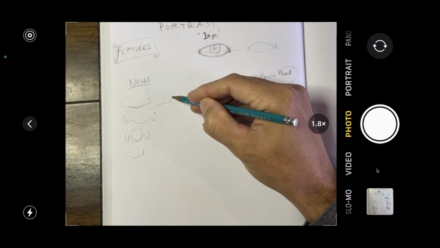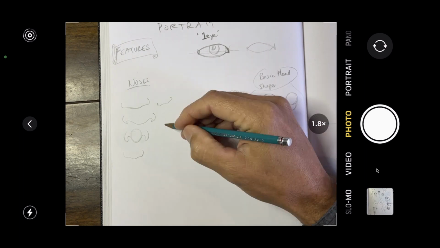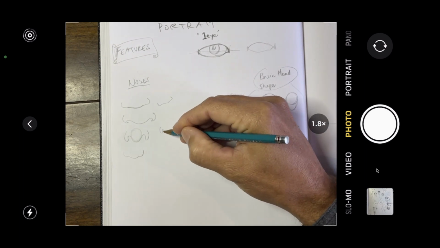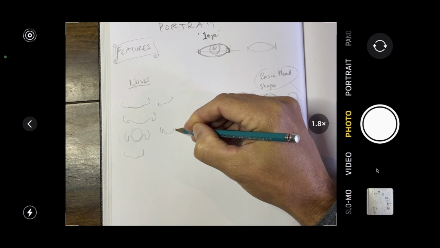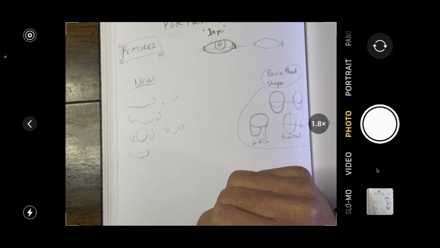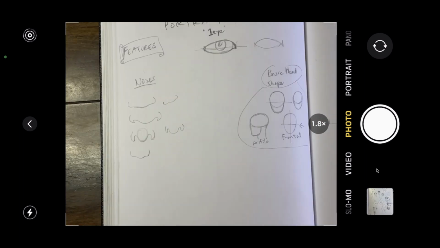And try a few different ones. You can draw small or big. The idea is to kind of remember those contours. They're really different on different noses, huh?